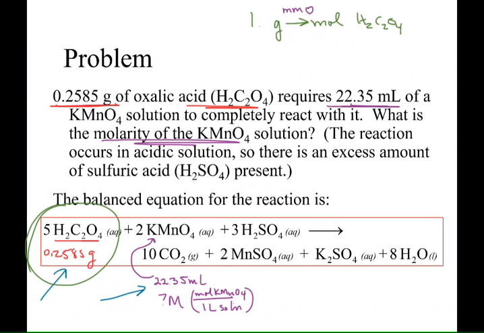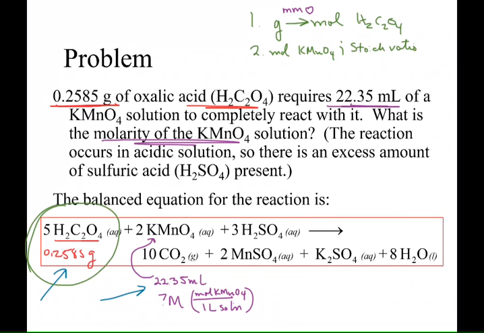Okay, so if we get the moles of oxalic acid that way, do you see where now we can go to moles of KMnO4? How do we do that? Stoich ratio, baby.